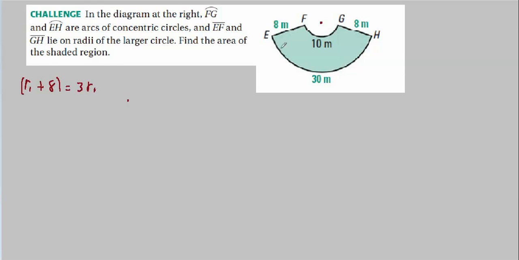The large radius here is R1 plus 8, but it also has to be 3 times the small one. We know that from the ratios of the arc lengths. Well, if we subtract R1 from each side, we get 2R1 equals 8, and R1 equals 4.